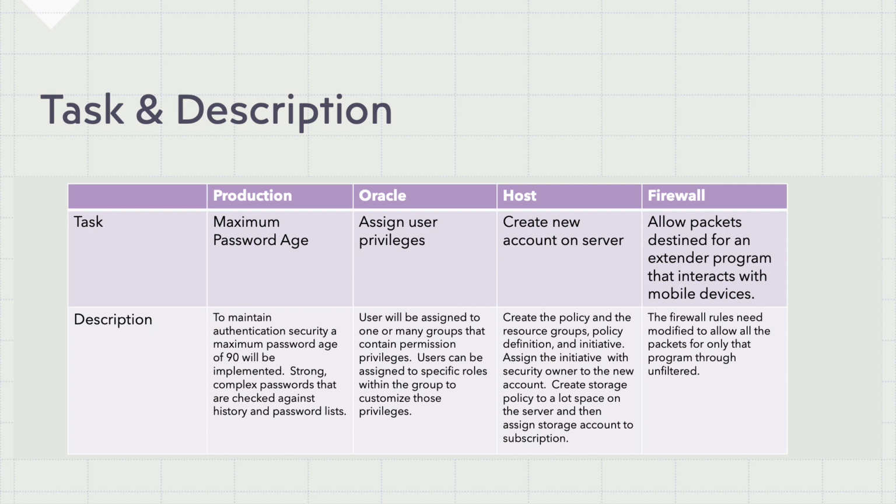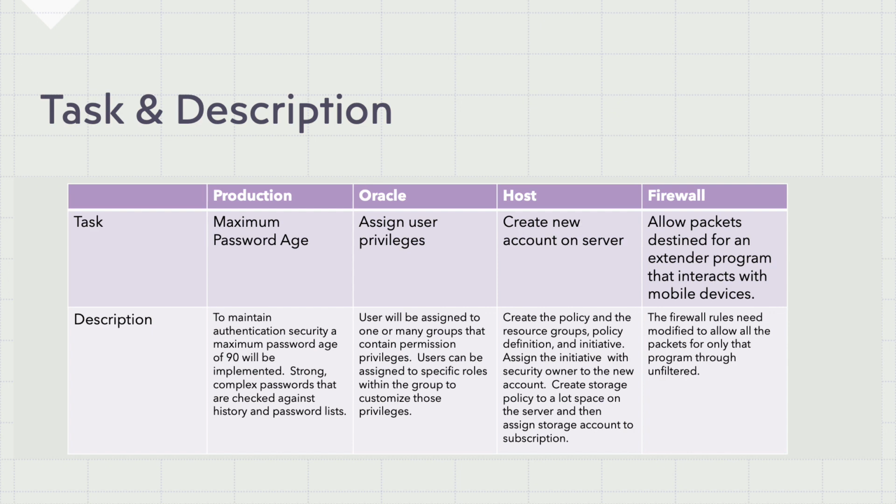So then we want to assign user privileges to someone. And like I mentioned on the previous slide, you have a set of privileges allowed for certain groups, and then you assign people to those groups.